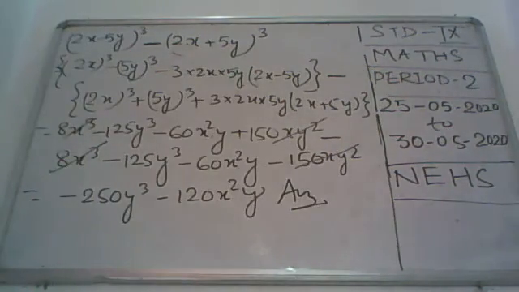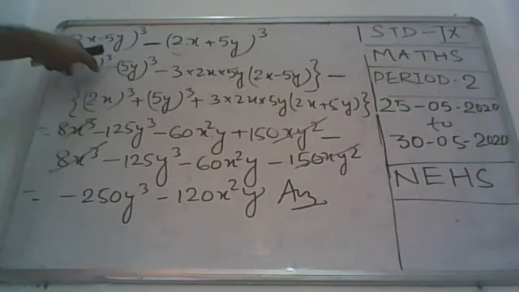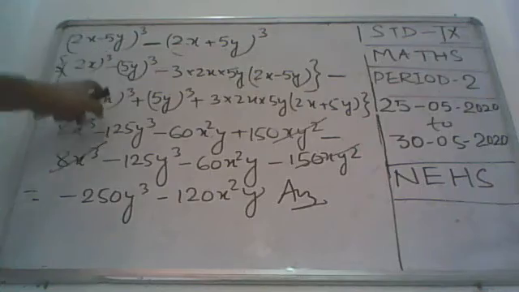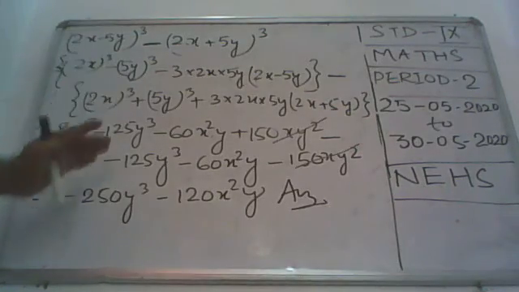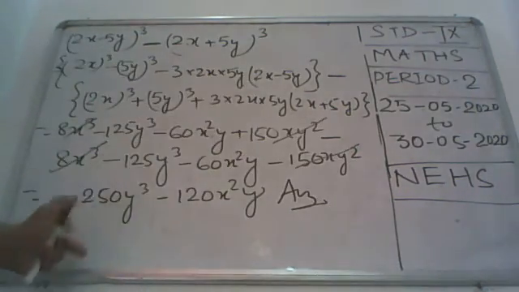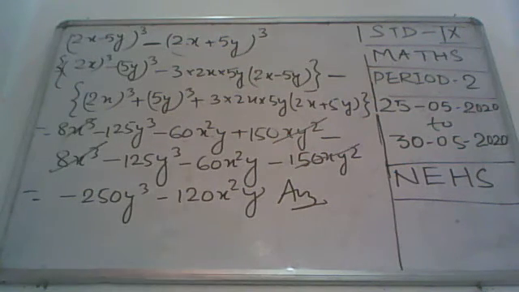So understood what we have to do here? If they have given cubes of binomials, we will do it separately, and after doing it separately, in the end we will combine them together and find our answer. This is what we have to do in this chapter. Okay, now one more question.